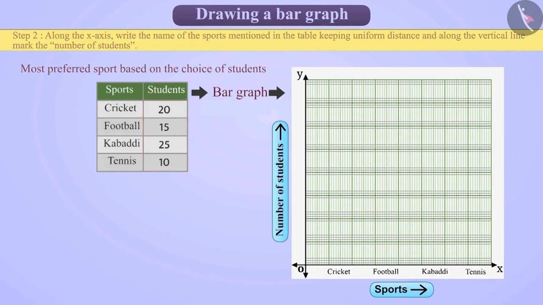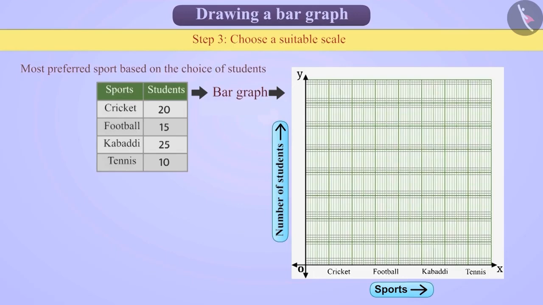Step 3. Next, we will choose a suitable scale along the vertical line. Here, 1 unit length represents 5 students. Therefore, we will choose the scale as 1 unit length is equal to 5 students. You can choose a suitable scale based on the number.